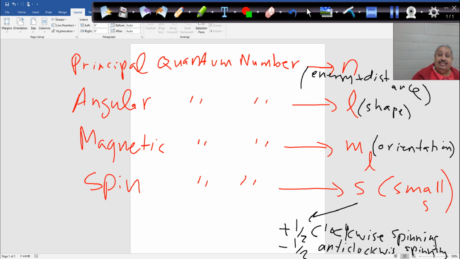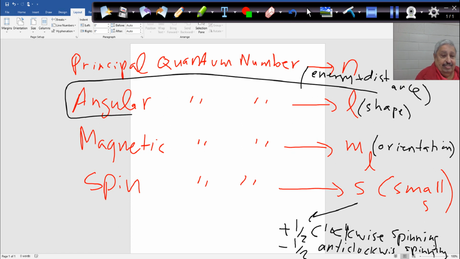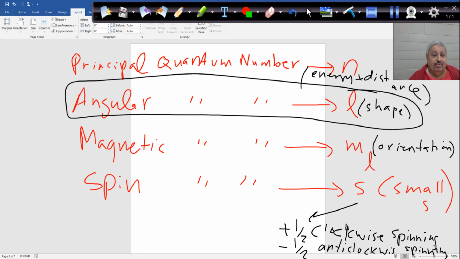We are really interested in this because this gives us more. We are really interested in how those electrons are entering the orbitals and how they are aligned in those orbitals, correct? So we'll look at the angular quantum number in some detail, and we'll look at the radius a little bit.